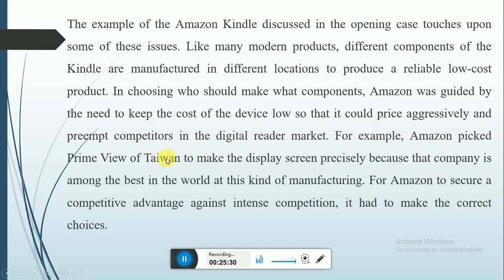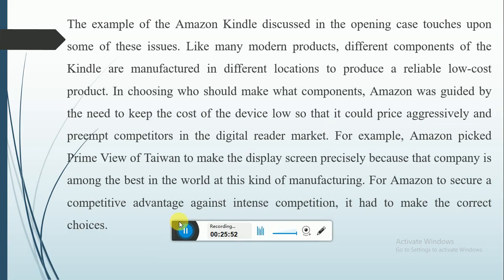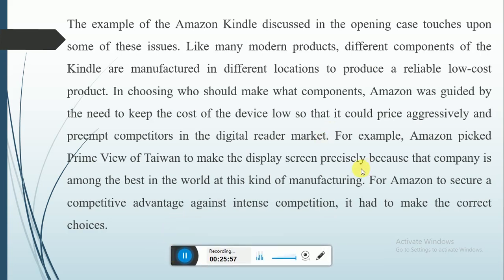Amazon contracted them to make the display because of reliability, experience, and quality as well.